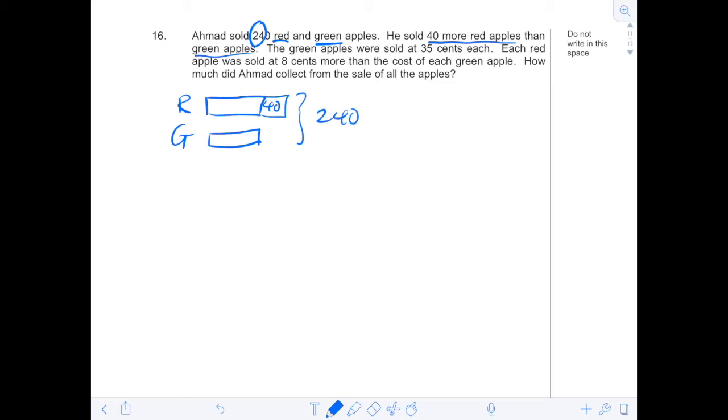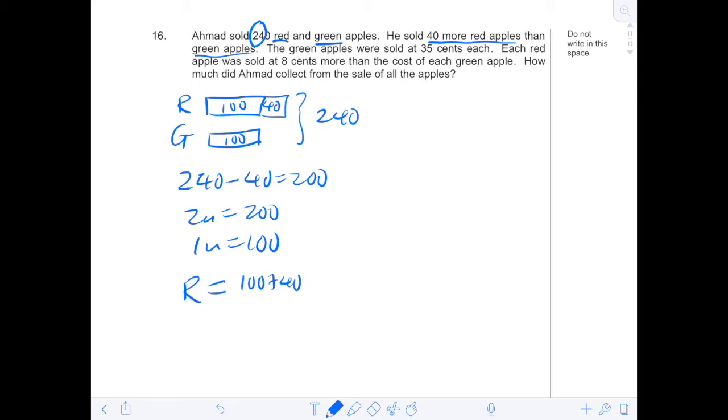So to find how much green and red will have, you just need to take 240 minus 40, you get 200. 200 is 2 units, so let's use the unit method. 1 unit will be equals to 100, so these two each will be 100. Therefore, red will be equals to 100 plus 40 equals to 140, and the green will be equals to just 100.